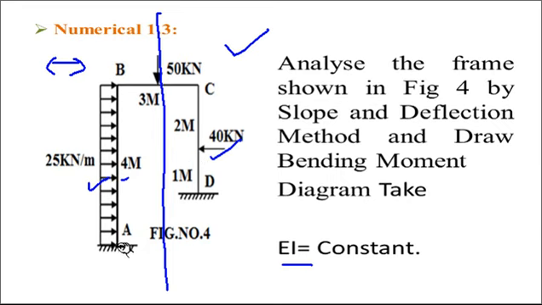On one column it is UDL, on the second column it is a point load. So they are not going to balance each other. If these horizontal forces do not balance each other, then automatically some reaction will be offered and the deflection delta will be observed in the column. So this is a sway type of frame.